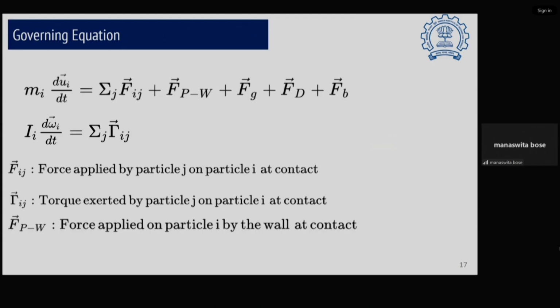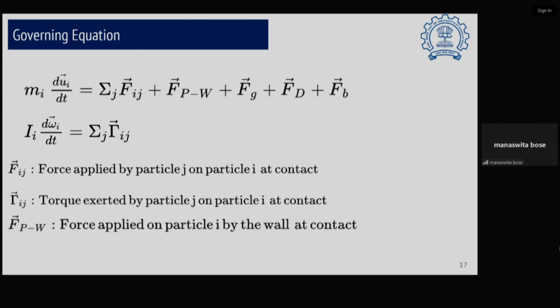Now I will get into the discrete element method, because that is what we have been talking about. In the discrete element method, what we do is we solve the linear momentum conservation, that is the first equation, and the angular momentum conservation, that is the second equation, for each individual particle. The first equation says that the rate of change of linear momentum is the sum of the forces acting on it, and the second equation says that the rate of change of angular momentum is the sum of the torques acting on it.